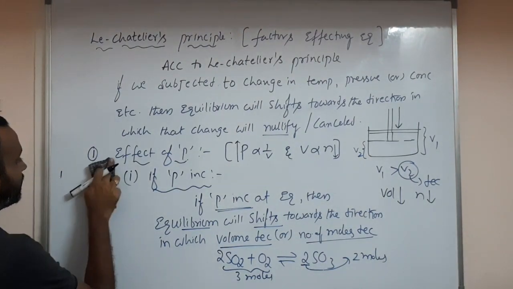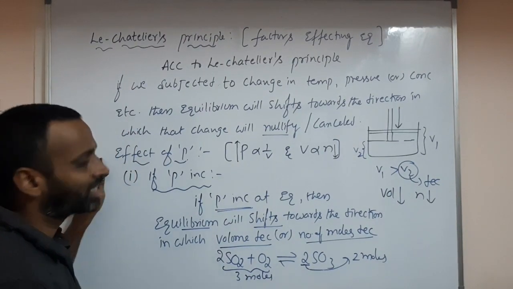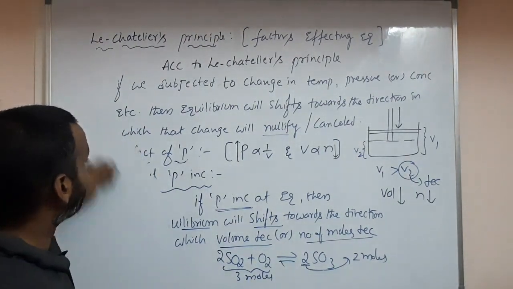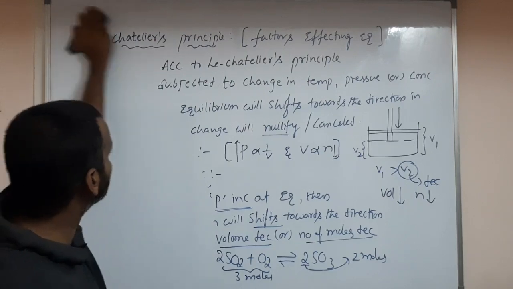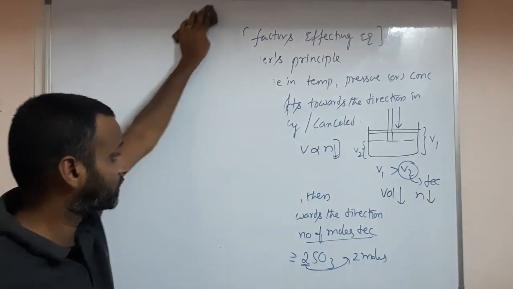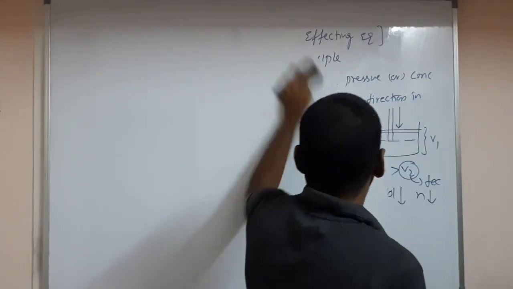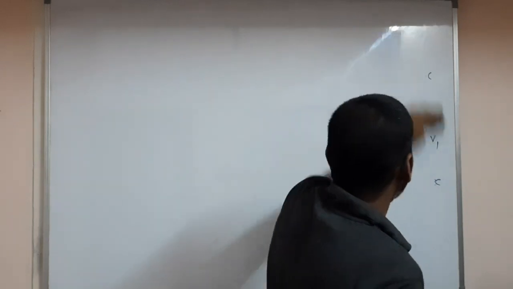Got it, clearly? So this is about the effect of pressure. When pressure increases, the equilibrium will shift towards the direction in which the number of moles or volume decreases. Next, it's very simple.